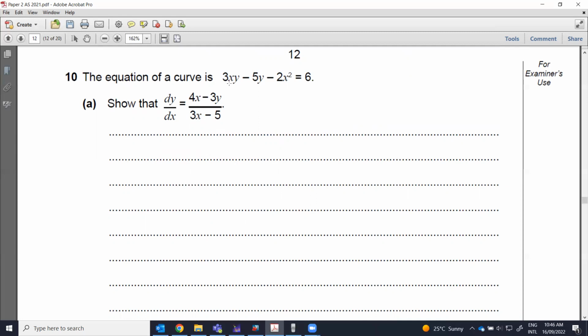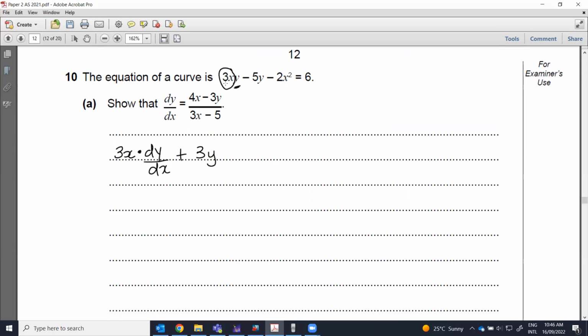So when I differentiate x times y, I have to use the product rule. So you must look at it as two functions. The first one is 3x, and then the second one is y. So first I write the 3x the way that it is, and then multiply by the derivative of y. The derivative of y is just dy/dx. Then you add the derivative of 3x, which is 3, and then the second function y, you leave it the way it is.